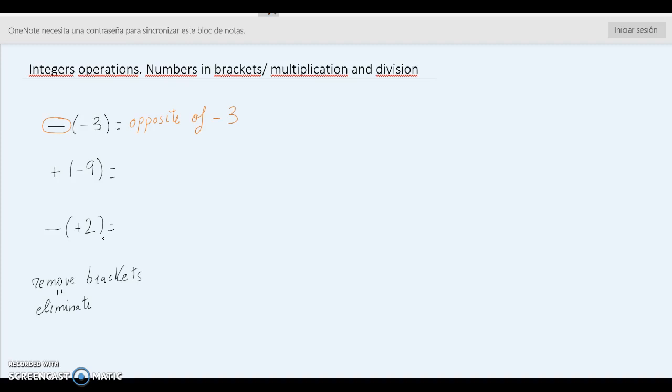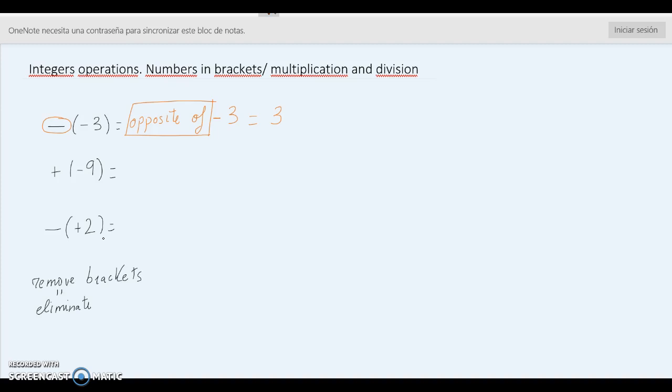So what is the opposite of minus 3? This is obviously plus 3 or only 3. So when you find a negative before brackets, this is the same as saying the opposite of the number that you have in the brackets.